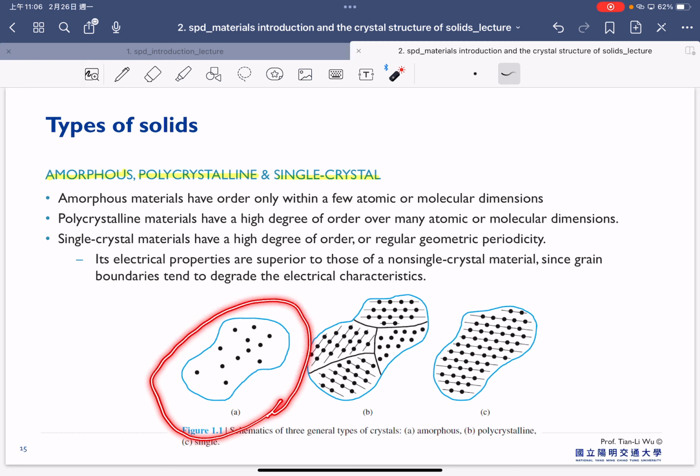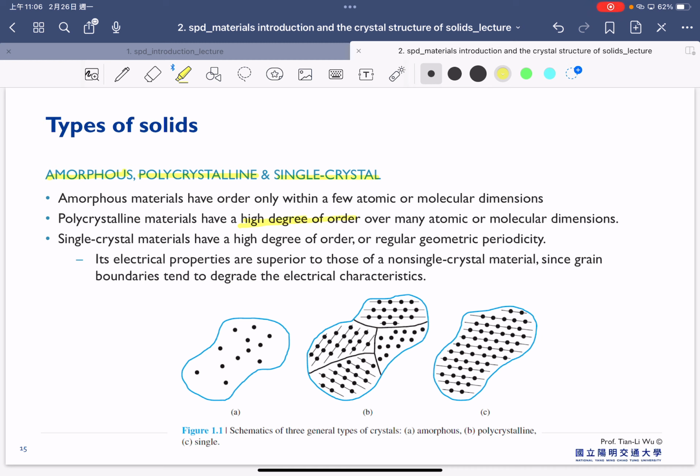And polycrystalline is a material that has a high degree of order, that's shown in here. And the last one is single crystal material, which has a high degree of order and regular geometry periodicity, as shown in here as well. So its electrical properties are better than those of non-single crystal material, since the grain boundary tends to degrade the electrical characteristic.